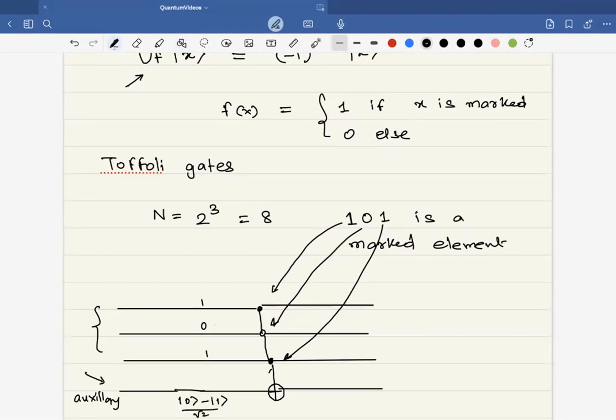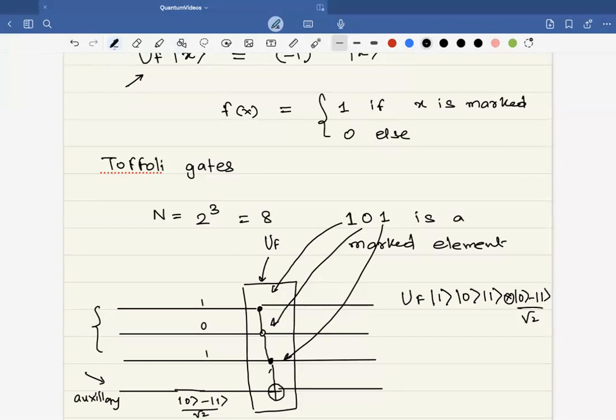So when you have U of f, this is our U of f for this particular input. Then if I get 1, 0, 1 tensor 0 minus 1 over square root of 2, the NOT gate gets applied, and this converts into 0 minus 1 over square root of 2, giving 1 minus 0.